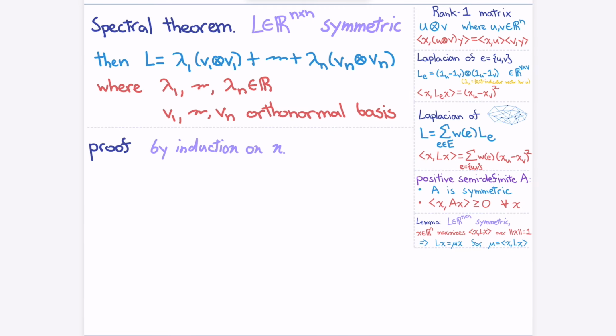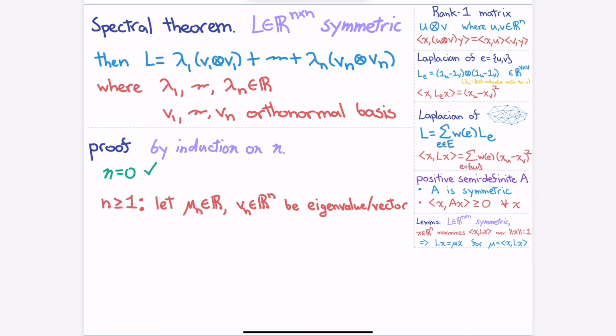We're going to try to prove this by induction on n. What's the base case? What's an easier base case? n equals 0. Not much to do there. Not much for n equals 1 either, but I'm very lazy. So in the general case, n is bigger than 0.